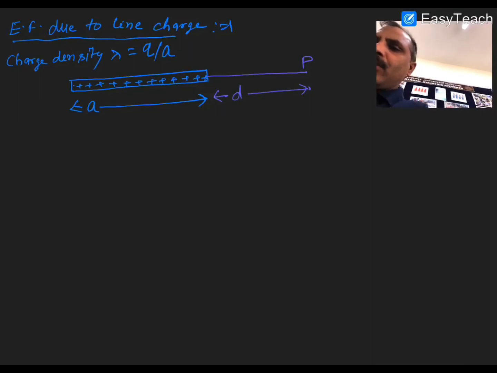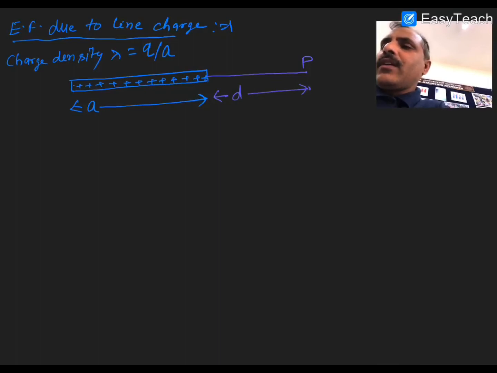Then we can find the electric field at point P with the help of the electric field due to a point charge. We know that the electric field due to a point charge is equal to kq upon r square, but here there is no point charge; there is charge distributed on the line.